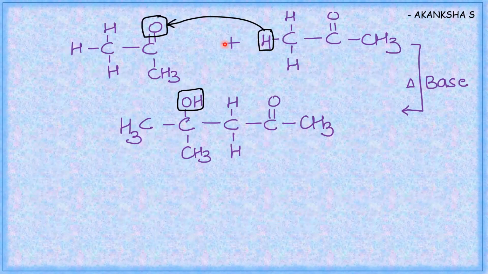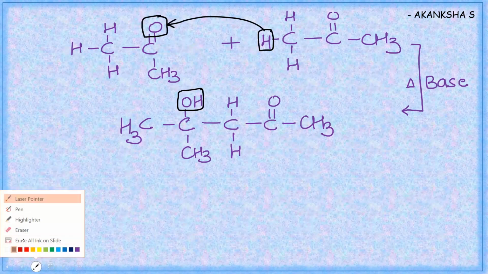The two neighboring carbons can now form a bond with each other. How is this happening actually? Oxygen attracts hydrogen and gives away one of its bonds to carbon. Now this bond which is given away to carbon can form a linkage with the neighboring carbon. Or you can also remember it as once the OH group forms, the double bond breaks up, and that can be used to create a bond between carbon and carbon.